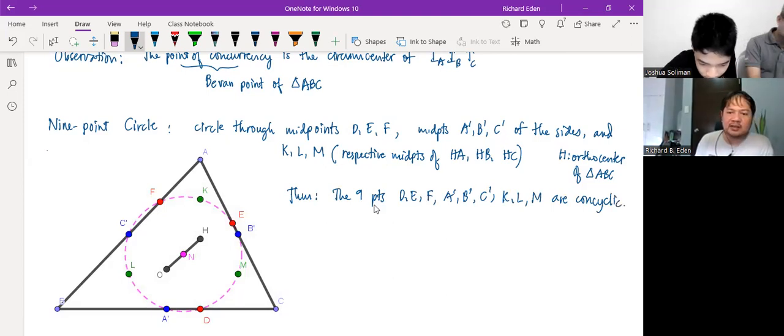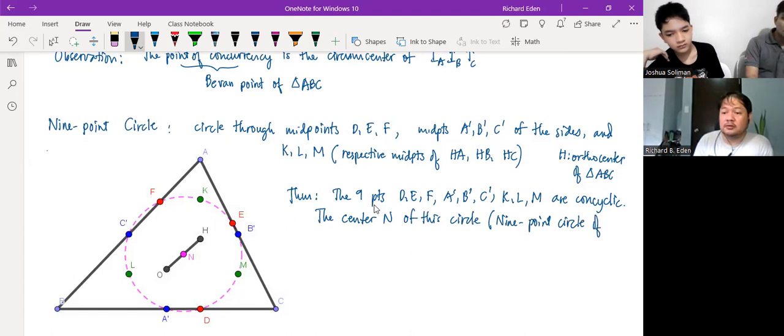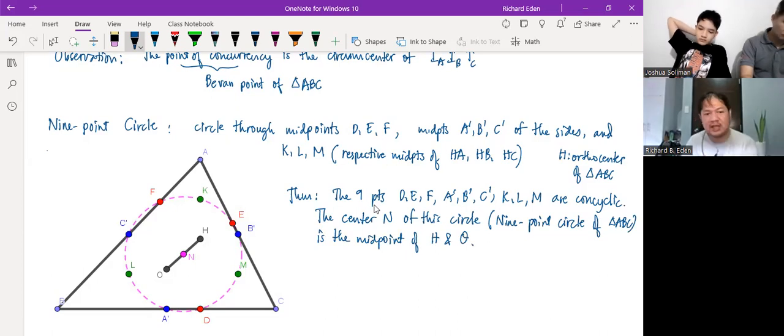And in fact, the center N of this circle, which is the so-called 9-point circle of triangle ABC, is the midpoint of H and O. So one thing that we have already discussed with regards to the Euler line, which contains H and O, is that it also contains the median.